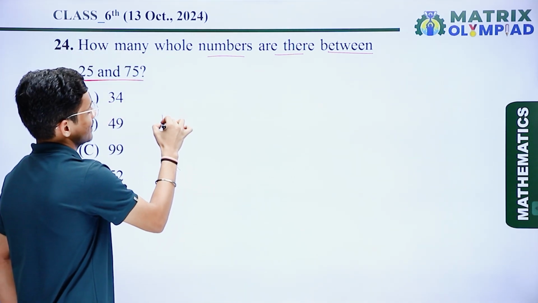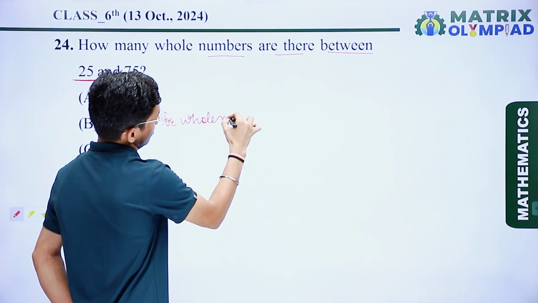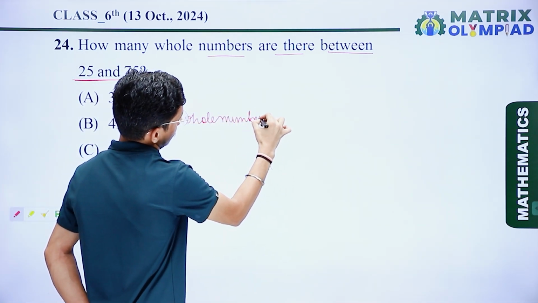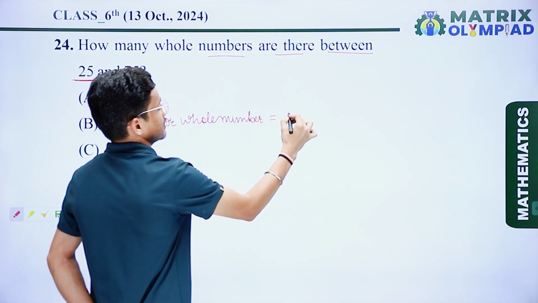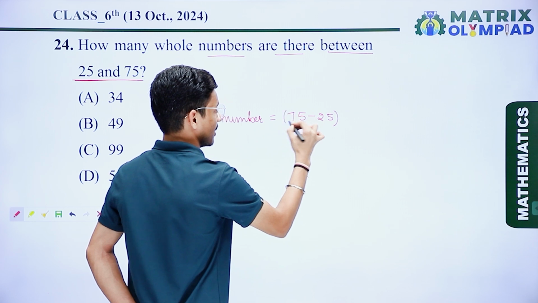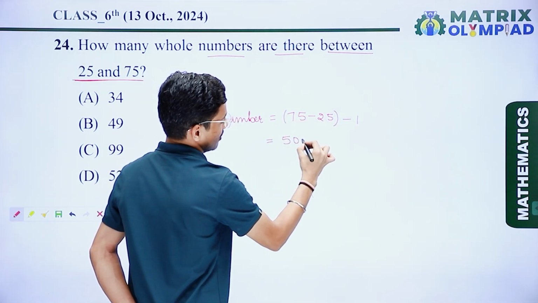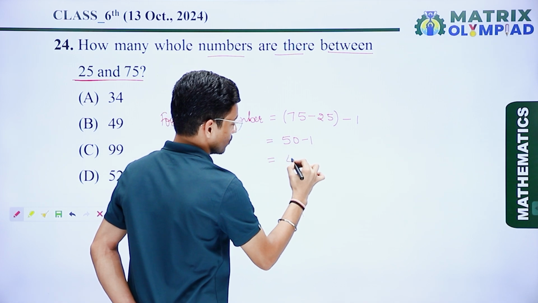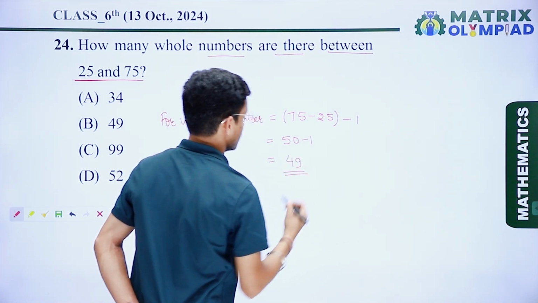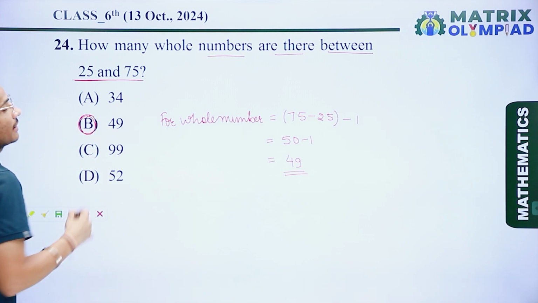So here I can say that the whole numbers are 75 minus 25 and minus 1. So if I subtract this, here I get 50 minus 1, so the answer is 49. So check which option is correct. So here option number B is the correct answer.